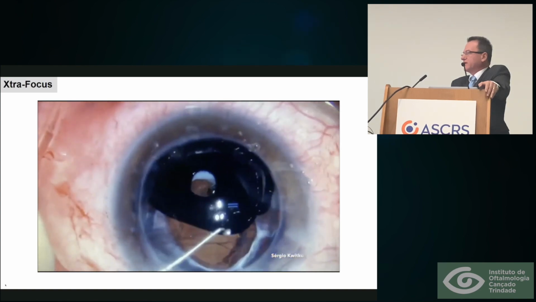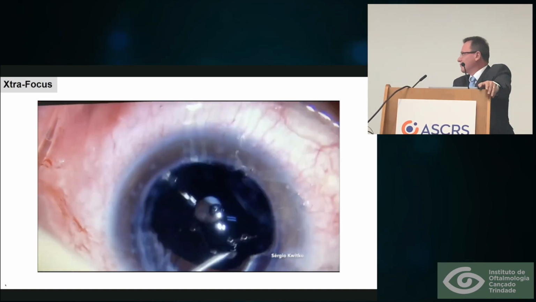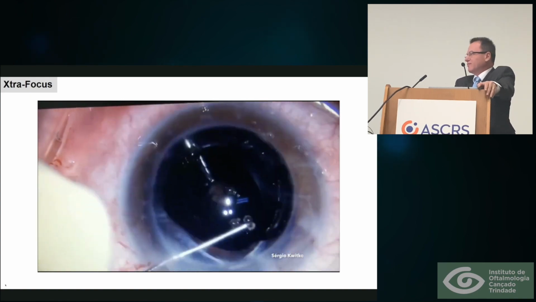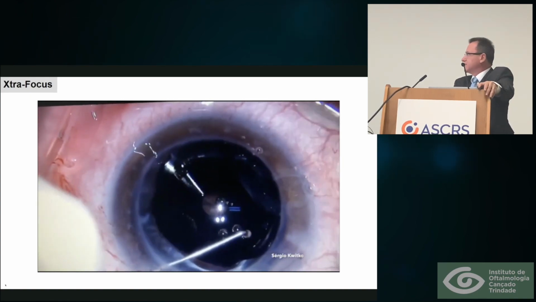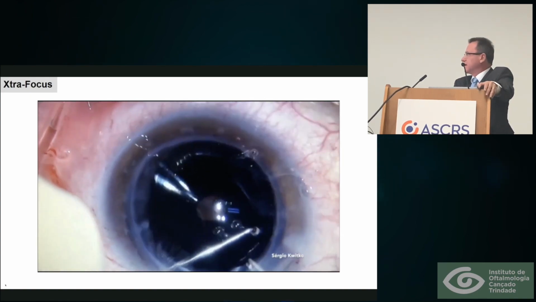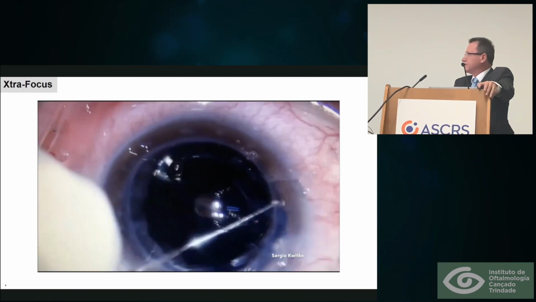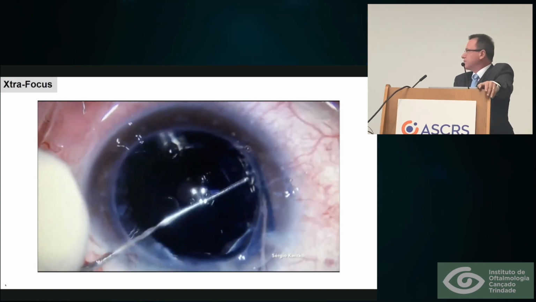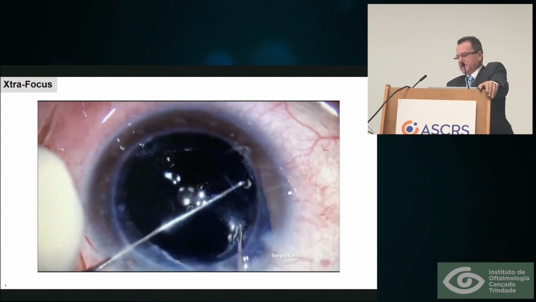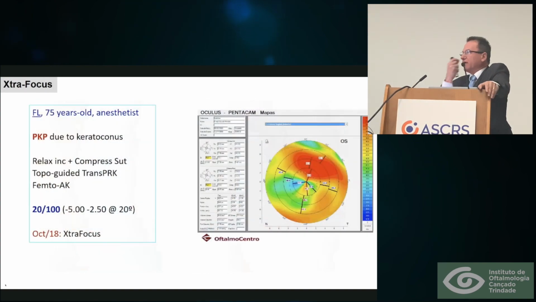It's always good to have a backup implant just in case, but if you are delicate enough handling this implant, it's going to be okay, especially if you already have experience with the Soleko implantation, because it's pretty similar.